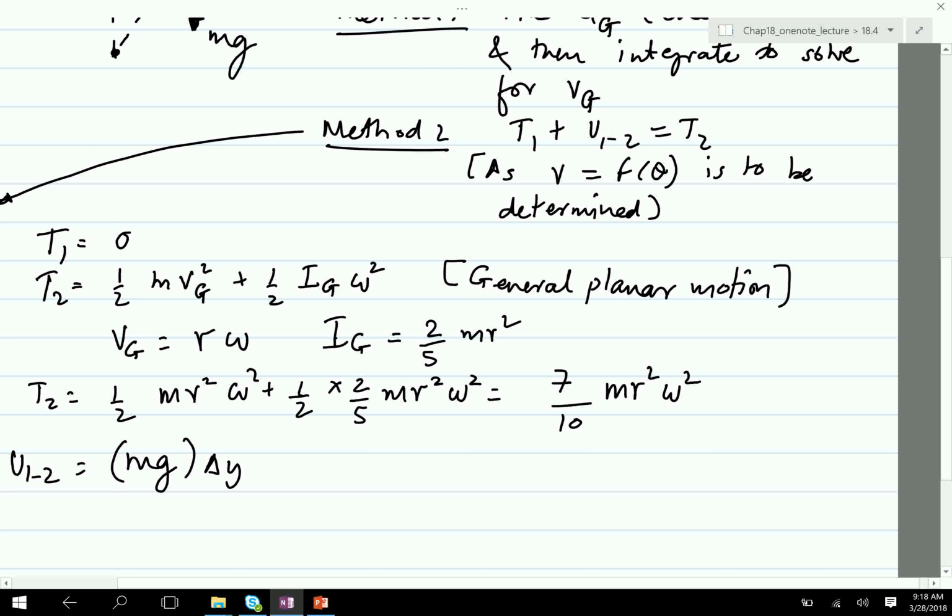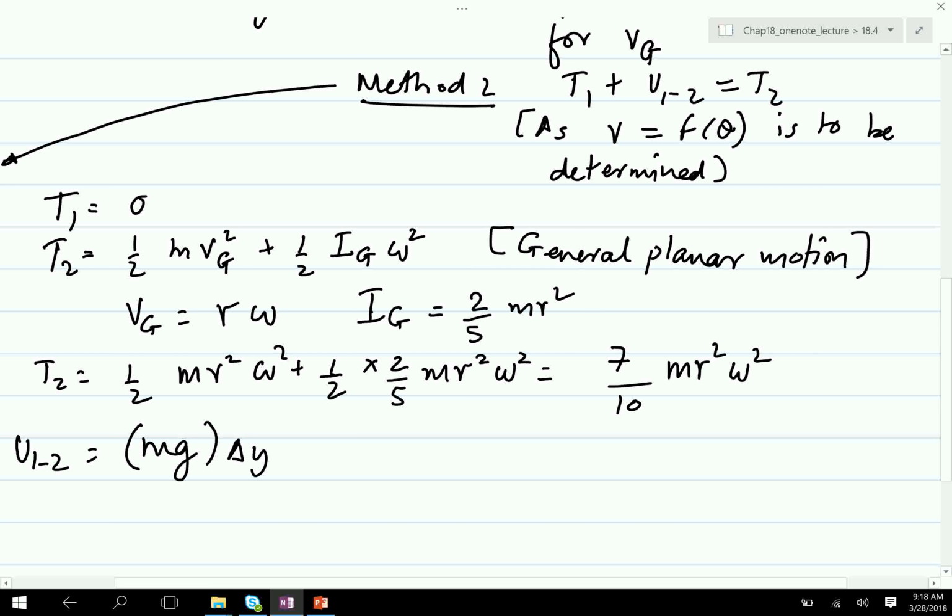Okay. The sign on the work done is going to be negative or positive. It will be negative. Well, mg is downwards, delta y is downwards, so it has to be positive. U12 is positive as mg is downwards, the displacement is downwards.